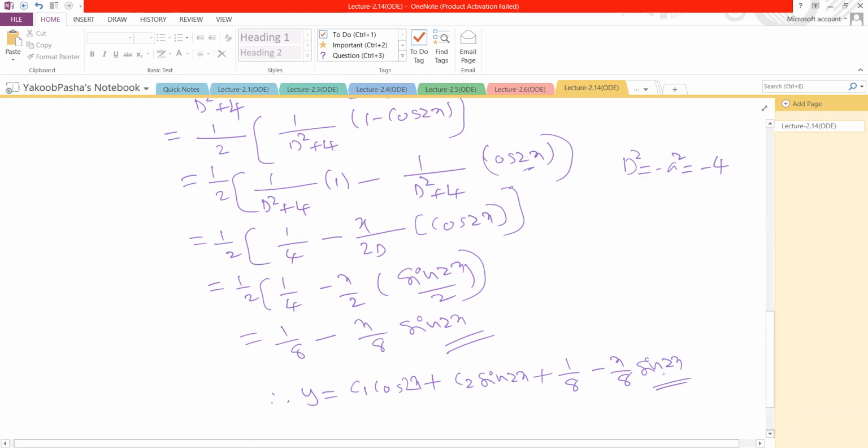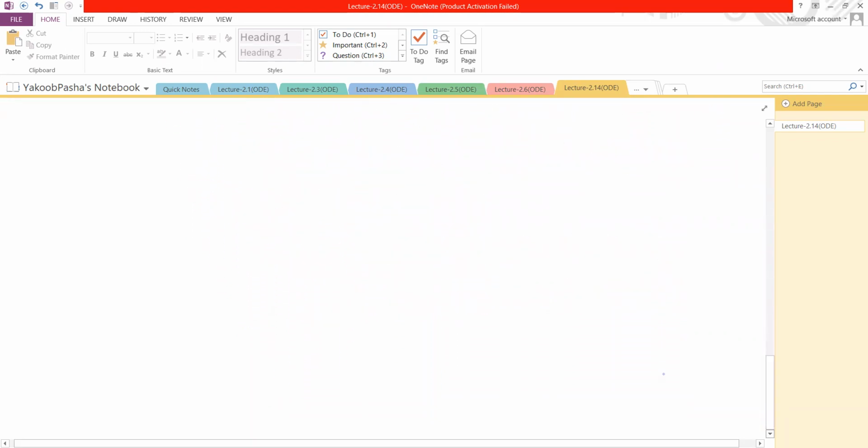Now I am taking another problem from the set. The particular integral of y fourth derivative plus 3y double dash is equal to 108 x square.